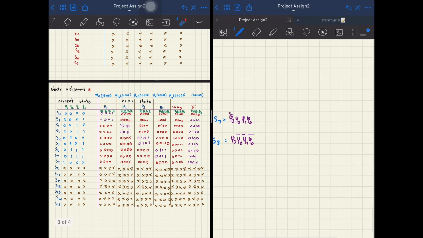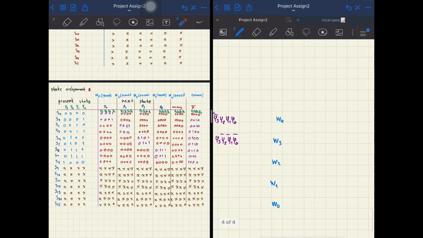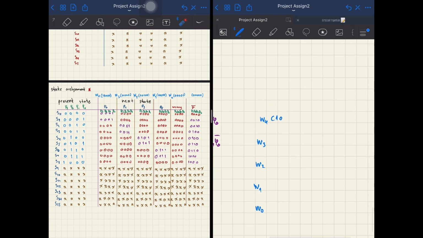We have about 5 W: W4, W3, W2, W1, and W0. W4 it is 1 0 0 0 0, right? W3 is 0 1 0 0 0. W2 is 0 0 1 0 0. W1 0 0 0 1 0. W0 1 at the last bit.